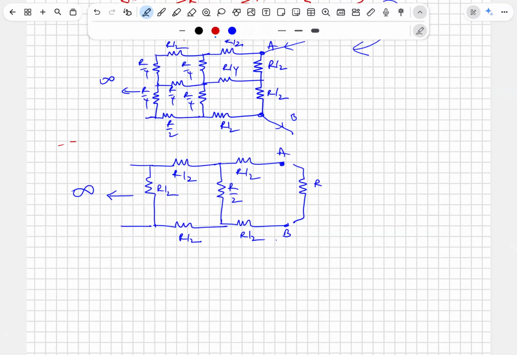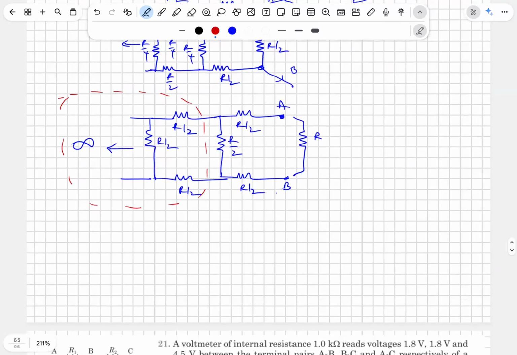Clearly, the next stage of my operation is X, R by 2, R by 2, R by 2, X.